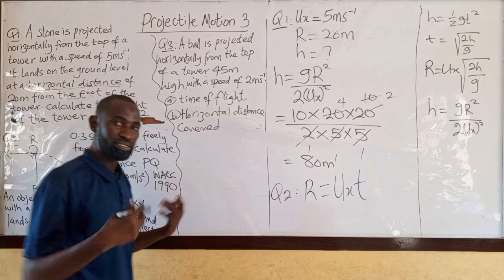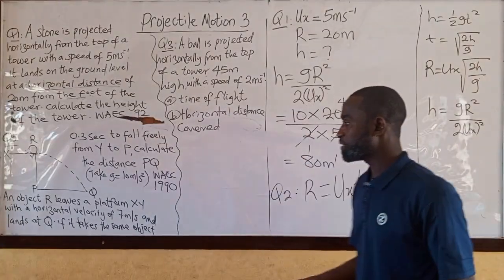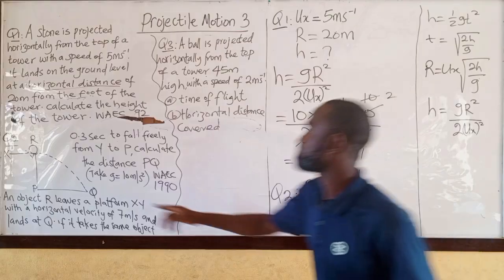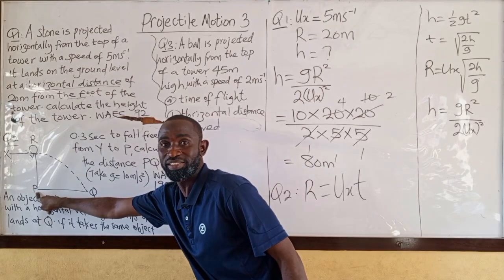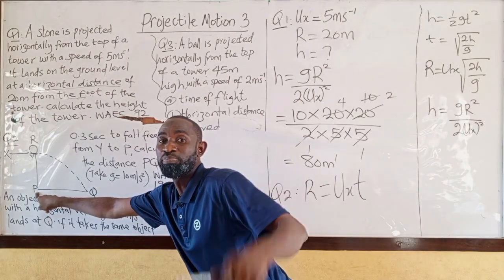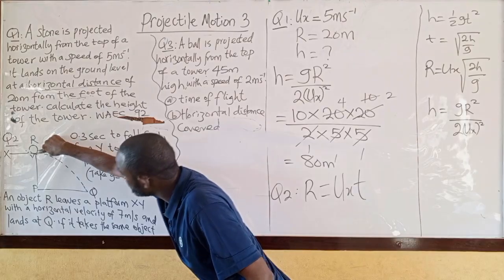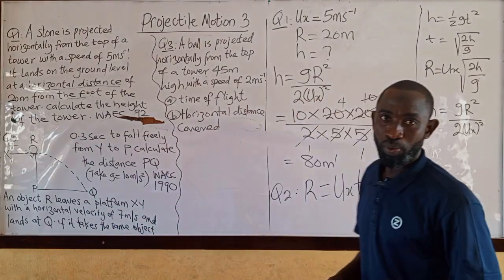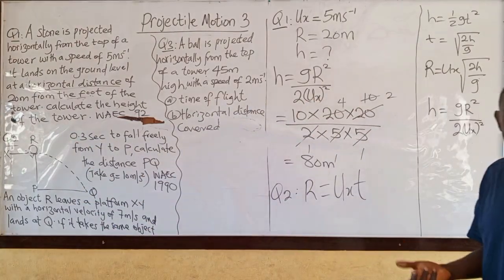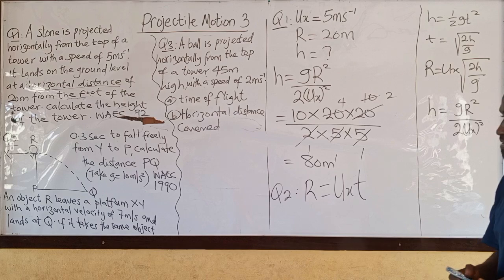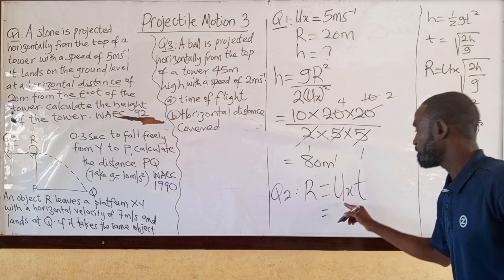So what do we have to find? 0.3. Are you with me? Because the time from this place to this place is given as 0.3 seconds, it means the time from this place to this place will be just 0.3 seconds, because they are going to use the same time when we neglect air resistance. So we have U of X is what?